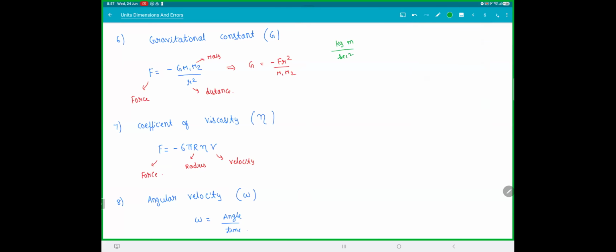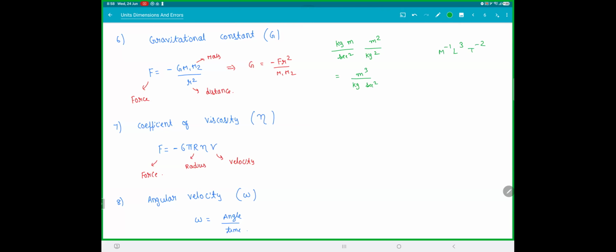That is for force. r square is distance, so that is m square. Mass will be kg in kg square. So simplify this, one kg will cancel. So you'll end up with meter cube by kg second square. So the dimensions will be m power minus 1 because kg is in the denominator. Meter is L, so L power 3. Time is t power minus 2. Got this?